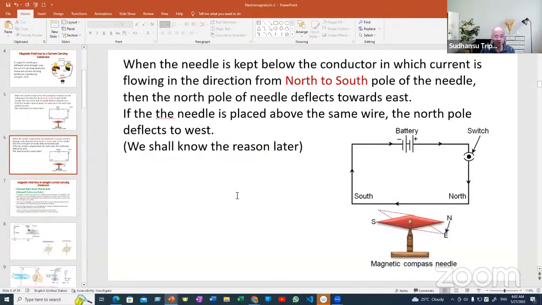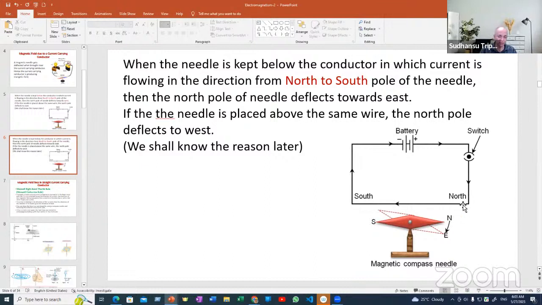Let me revise that a current carrying conductor will produce a magnetic field, and you can find the field lines for this current carrying conductor by using the Maxwell's right hand thumb rule.